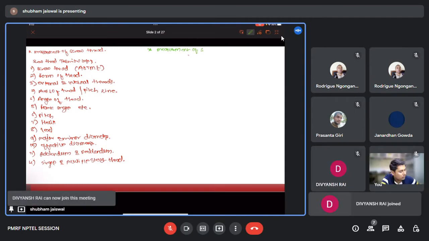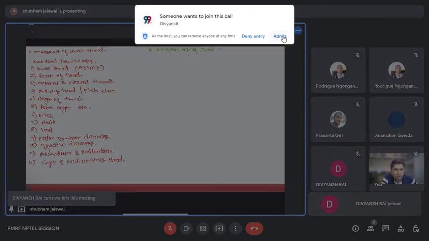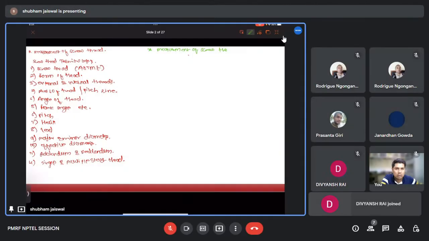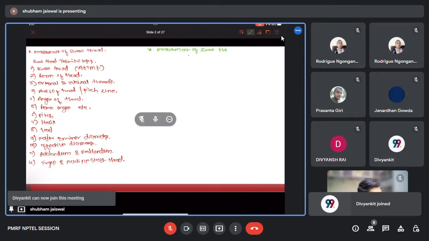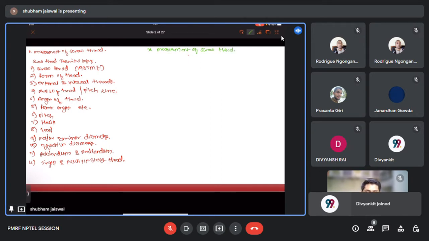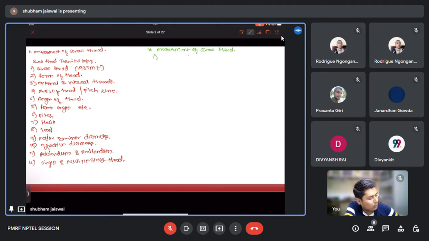In that we have seen the major and minor diameter using a bench micrometer.